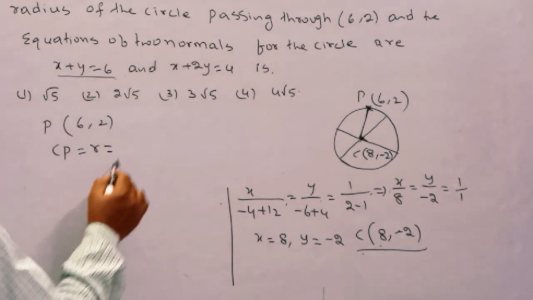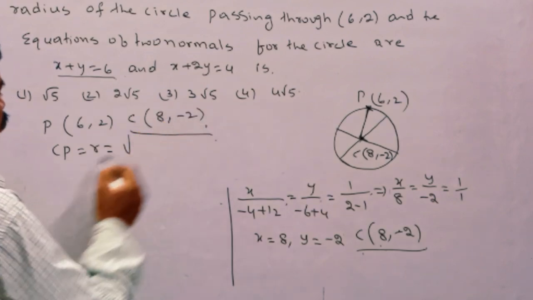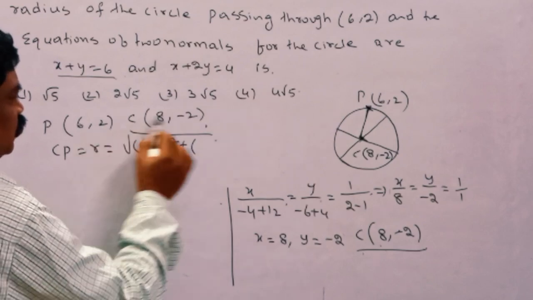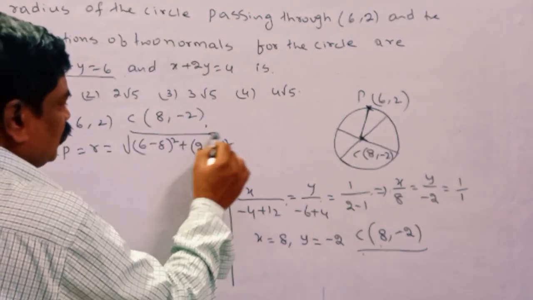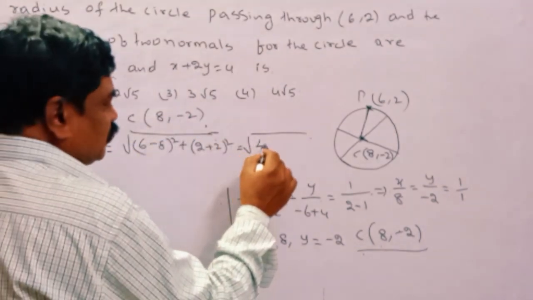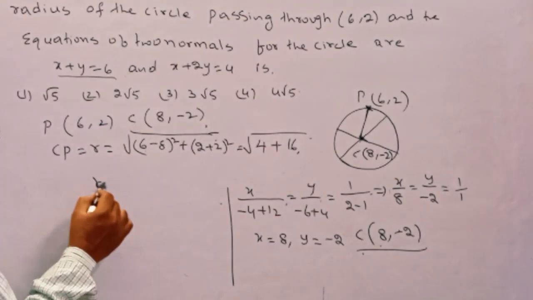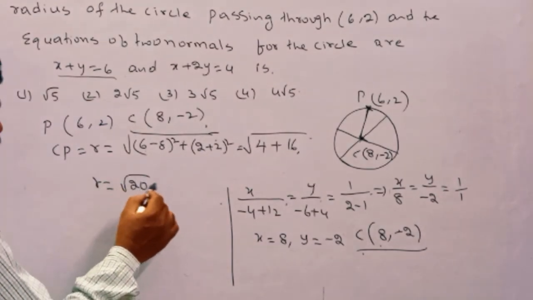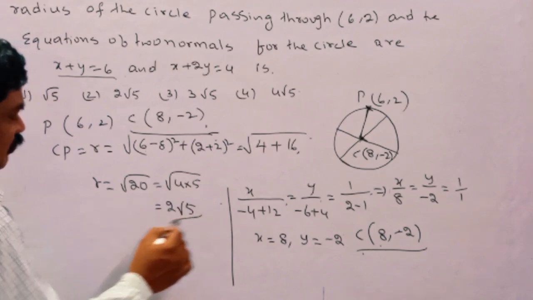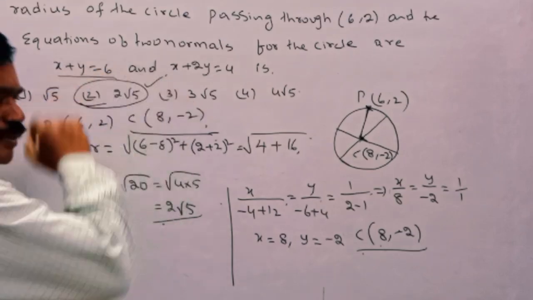CP is equal to R, root over, C is 8 comma minus 2, so 6 minus 8 whole square plus 2 plus 2 whole square, is equal to root over 6 minus 8, minus 2 whole square, 4 plus 4 square, 16. So R is equal to root over 20, root over 4 into 5, that is 2 root 5 is the radius of the circle. So option 2 is the correct answer.